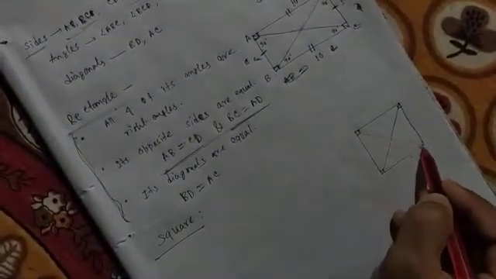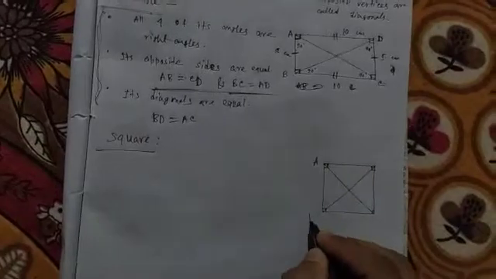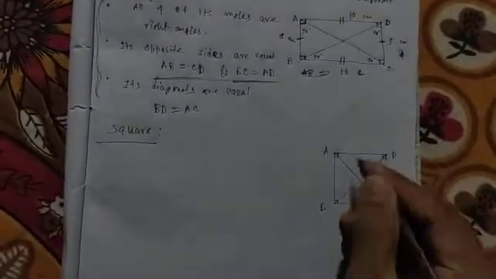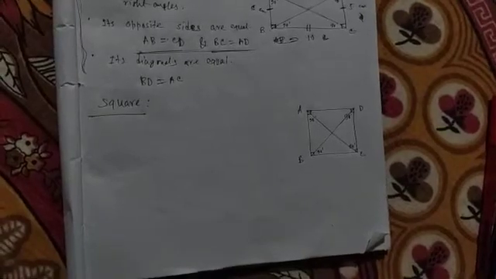Okay. And name, leveling A, B, C, D. 90 degree, 90 degree, 90 degree, 90 degree. So come to square. Square is also a quadrilateral. A special type of quadrilateral.